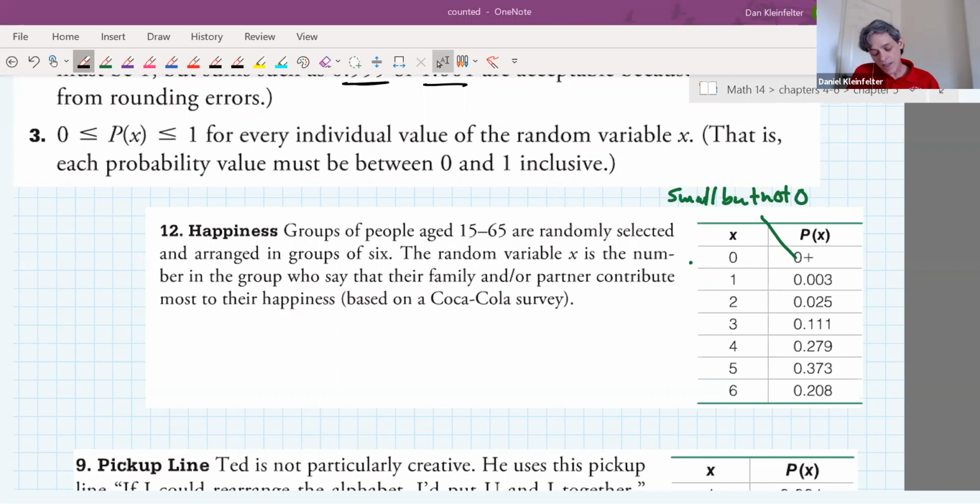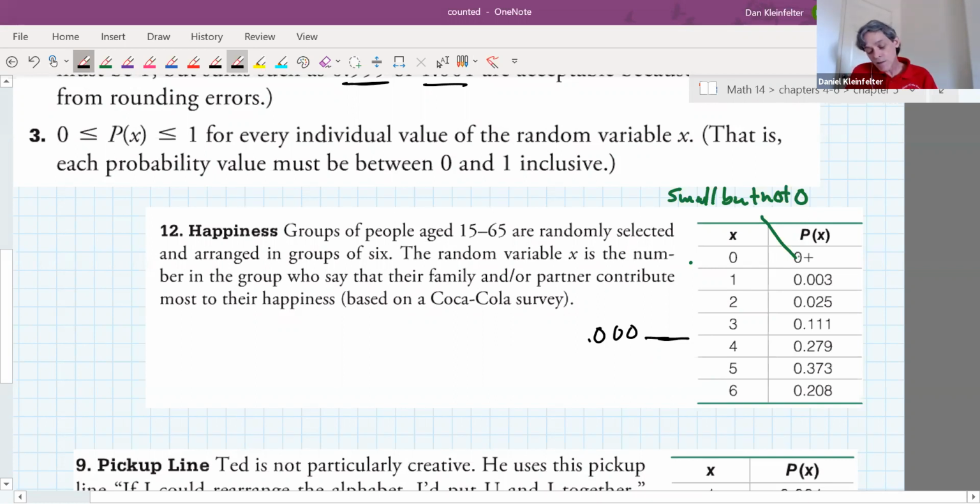Here, the values in the table are rounded to the thousandths place, 3 digits behind the decimal point. The p of x for an x value of 0 is so small that if we wrote it out as a decimal, it's 0.000 and then something. If you round it to 3 decimal places, it's going to look like 0.